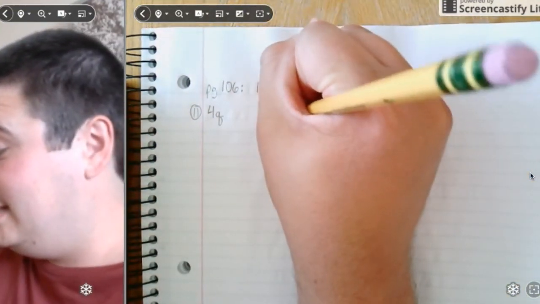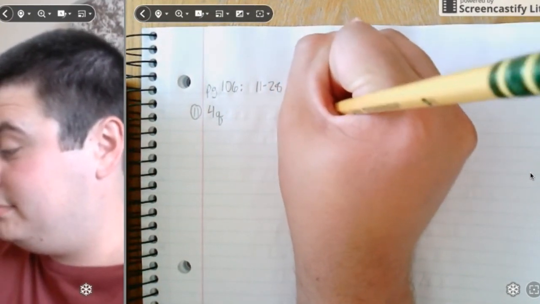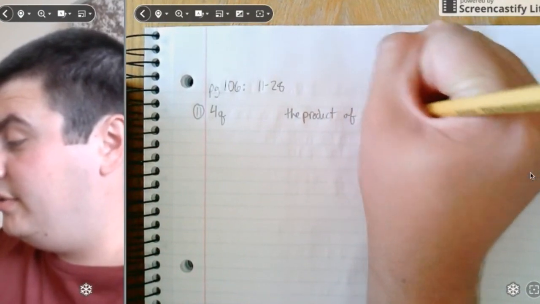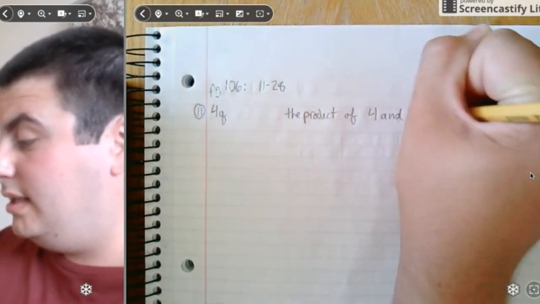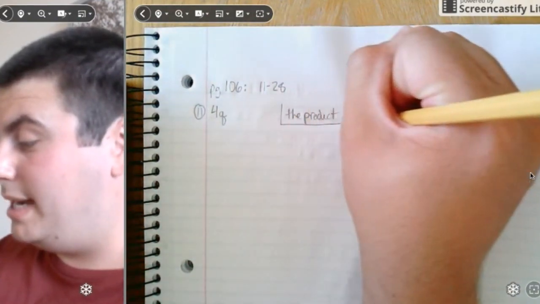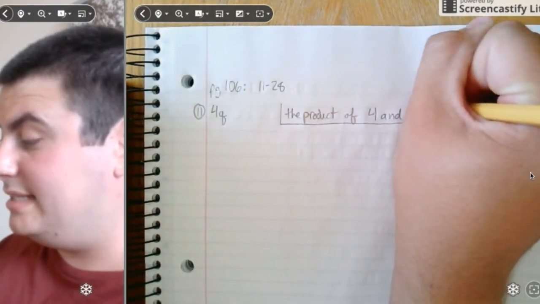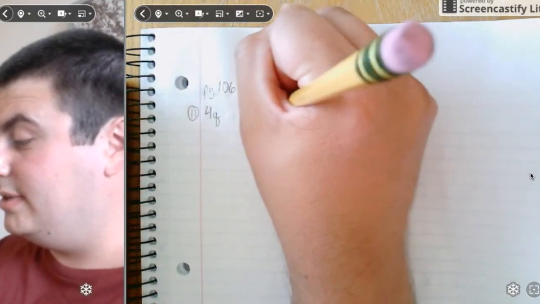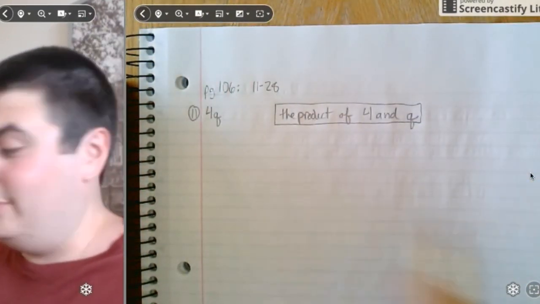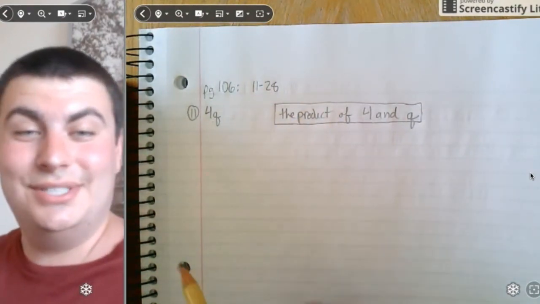So we'll say the product of 4 and q. And then you're going to put it in a box to indicate that that is your solution, the product of 4 and q. We wrote the original, we boxed our solution.